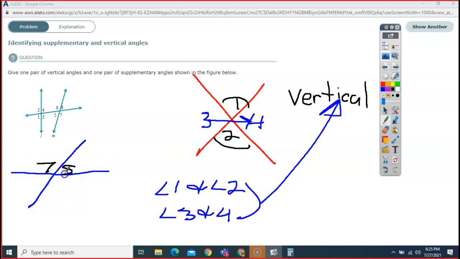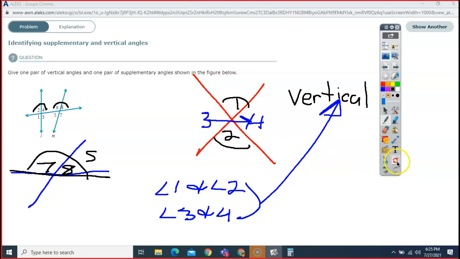Now, if it sits on a line like this, 7, 8. Okay. 7 and 8 are both sitting on this line, and so these would be considered supplementary. They don't cross through the X. Like all the supplementary angles, you see this 2 and 4, the 6 and 8, they're sitting on the same line. 1 and 3, 5 and 7.